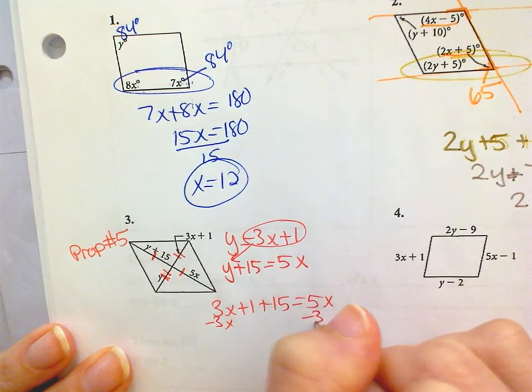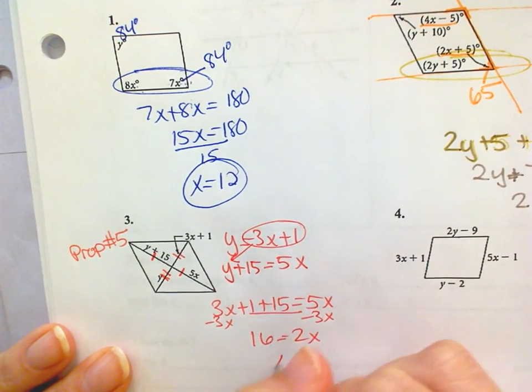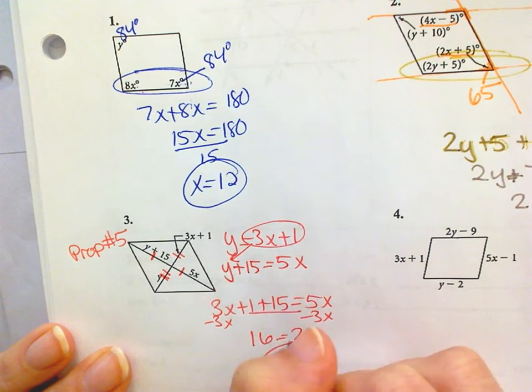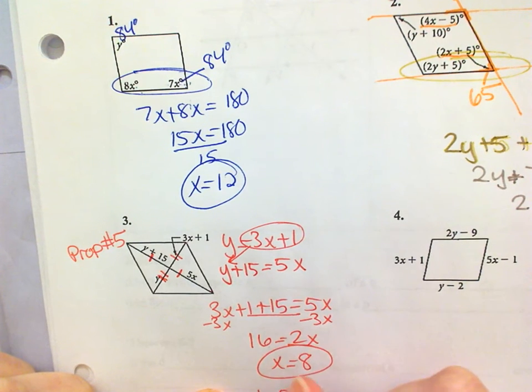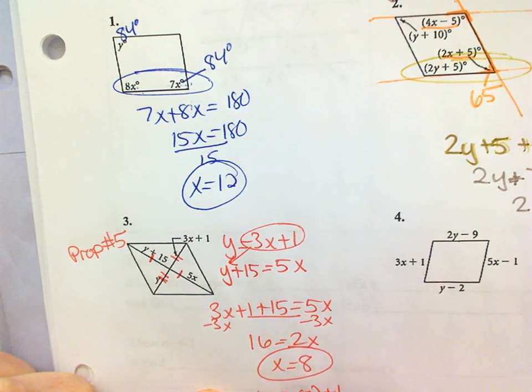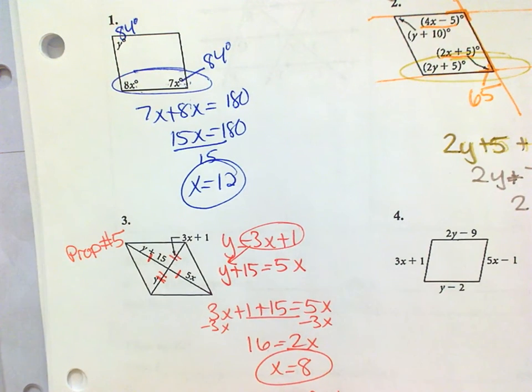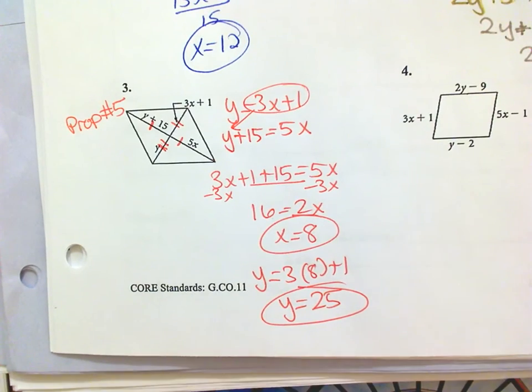And if you get rid of your 3x and you combine that, 16 is 2x, so 1x is 8. Once you know x is 8, you know that y is 3 times x plus 1, so y is 25. There you go.